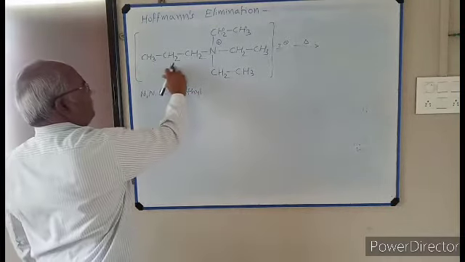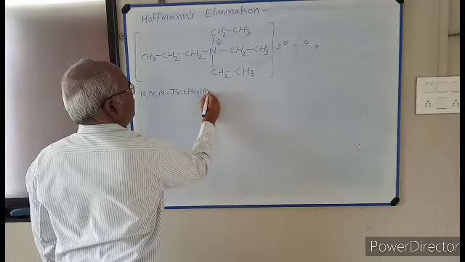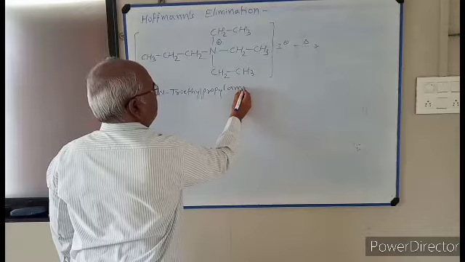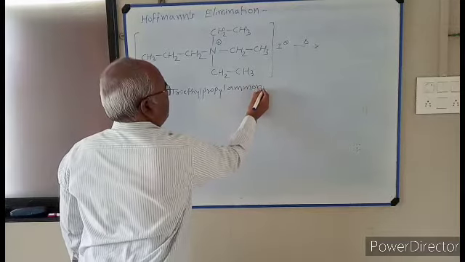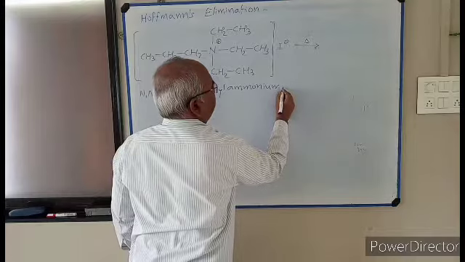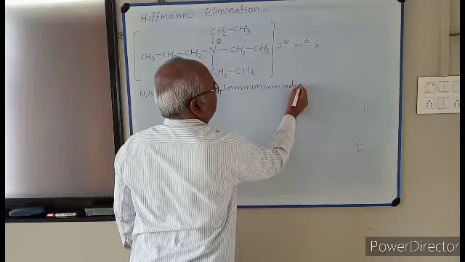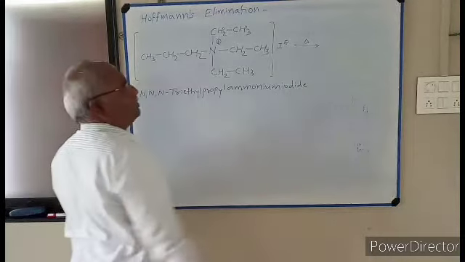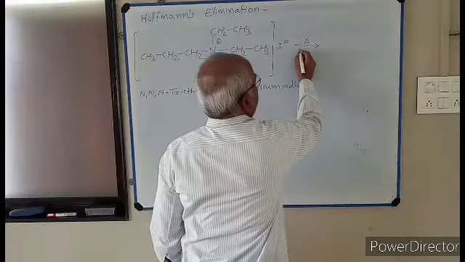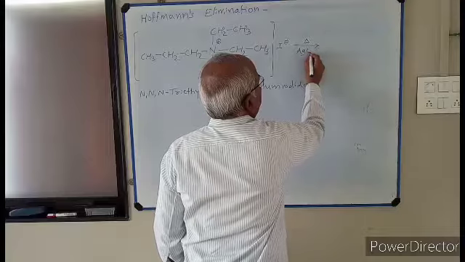This is propyl group. Therefore, propyl, ammonium iodide, quaternary ammonium salt. This is heated with silver hydroxide.